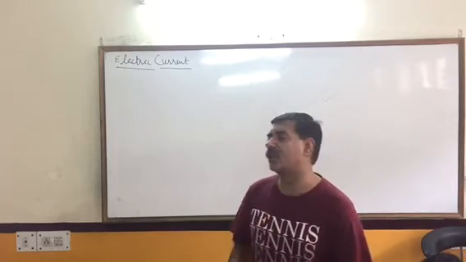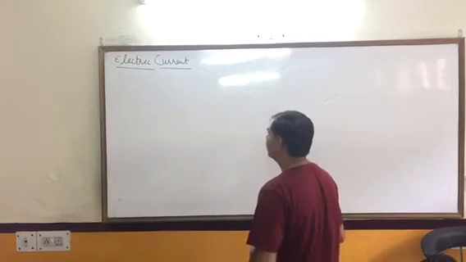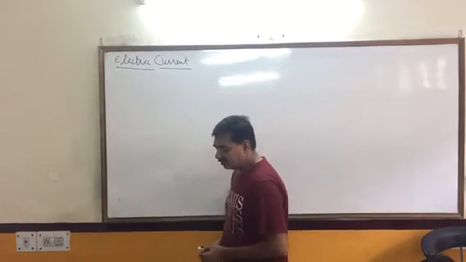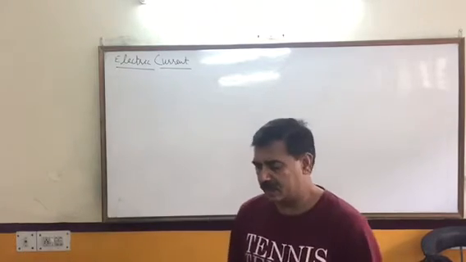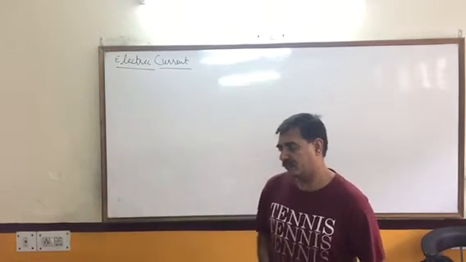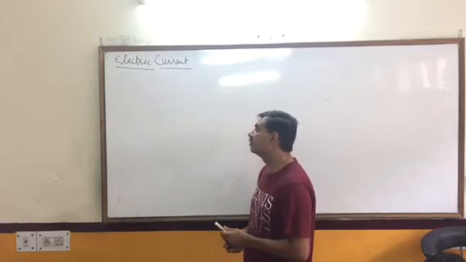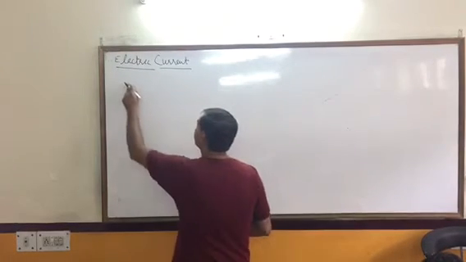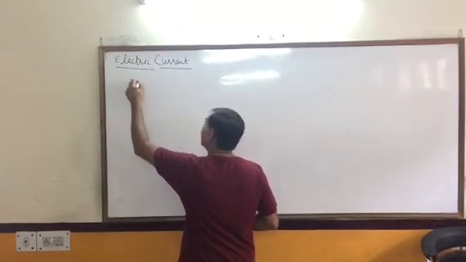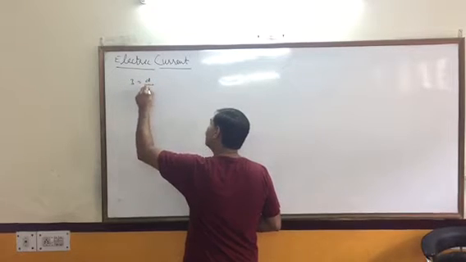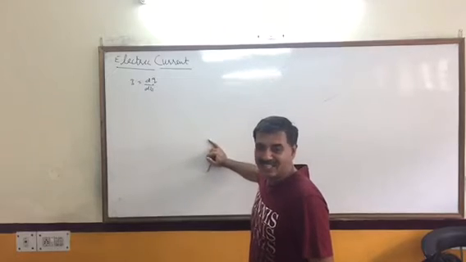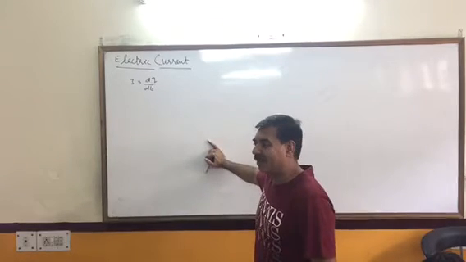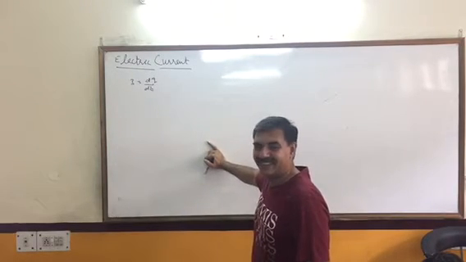The rate of flow of charge is called electric current. I would say it is dq by dt rather than saying that it is q by t.